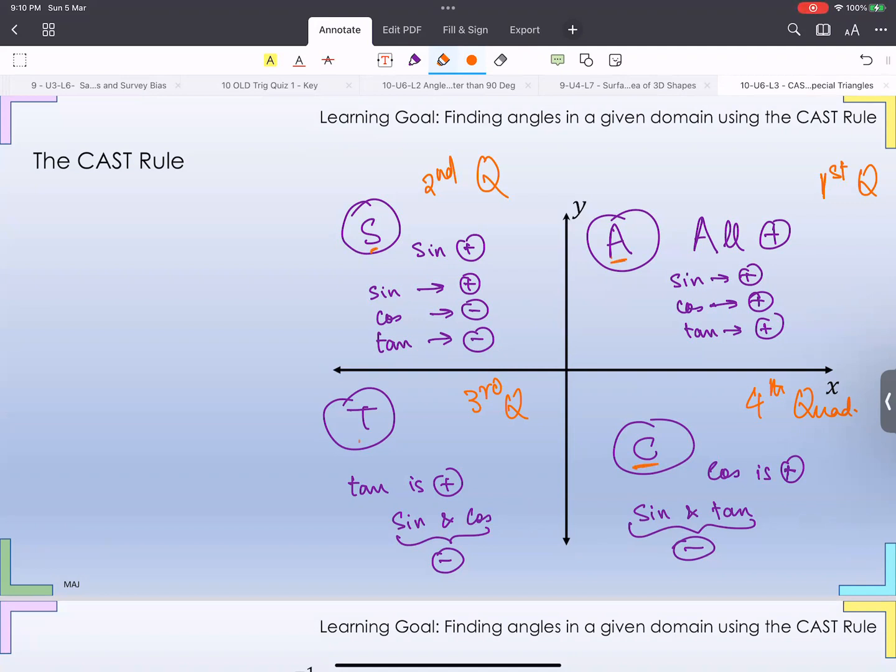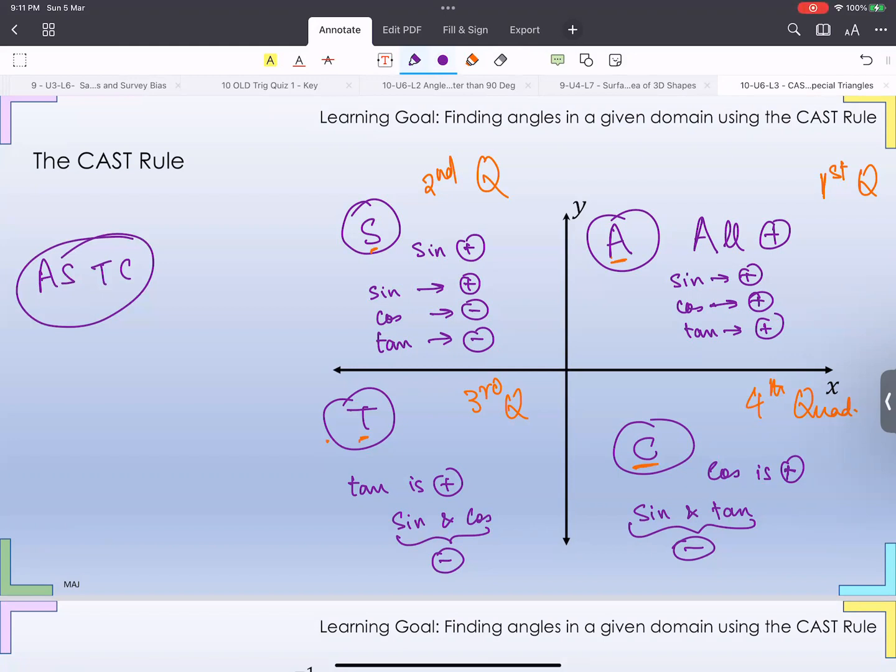If you don't like that, starting from the fourth quadrant and reading it, you can start from the first quadrant and say all students take chocolate or all students take coffee, okay? You can also use that, but A-S-T-C is not as easy to pronounce as C-A-S-T, okay? As long as you remember the CAST rule starts from the fourth quadrant, or you start A-S-T-C and you can remember all students take chocolate or something like that.